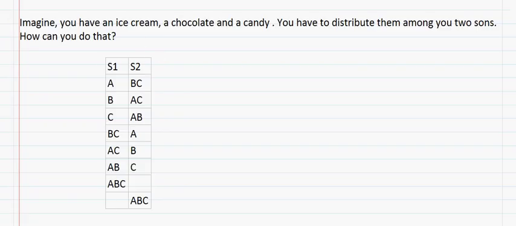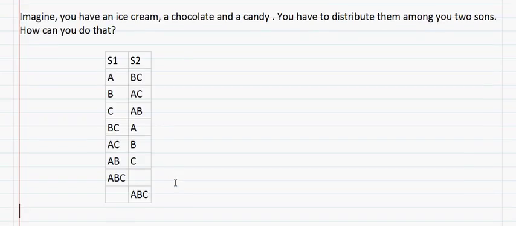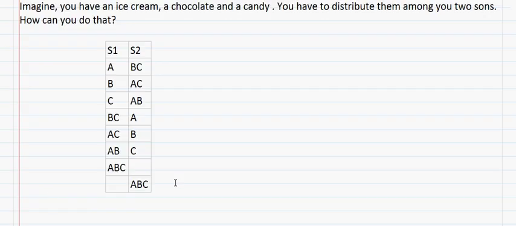Now let's complicate it a bit. What if we have 3 people? Let's say we have to distribute 2 things, ice cream and chocolate, amongst 3 sons. How can we do it? Let's make a table again. So S1, S2 and S3. Let's have 2 things only, right?